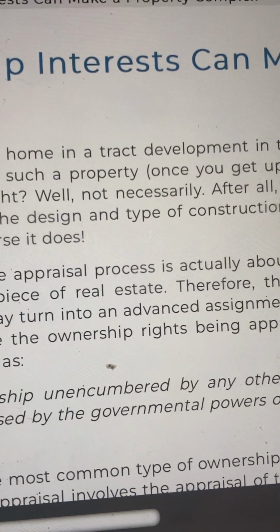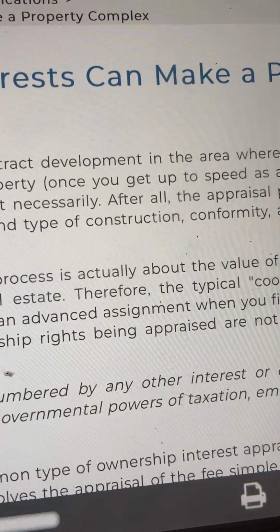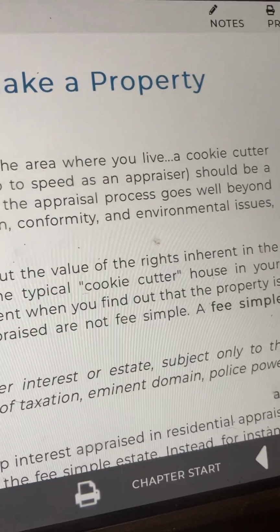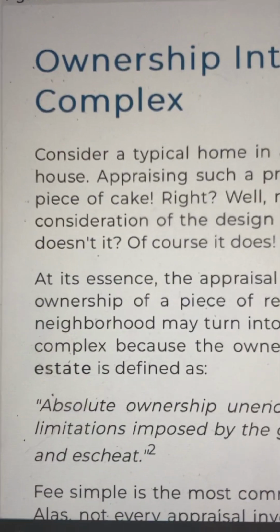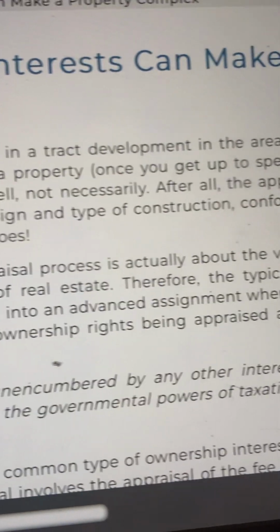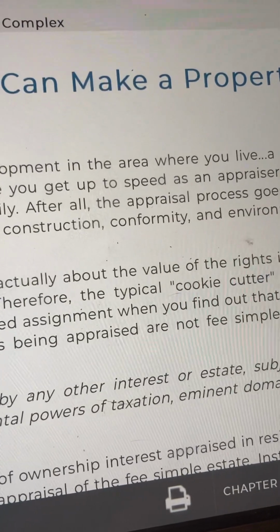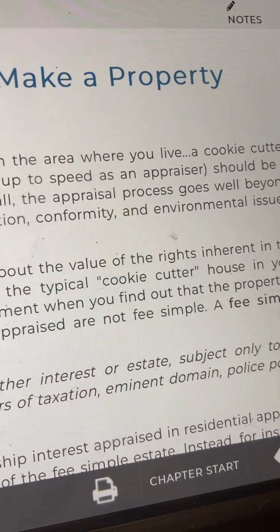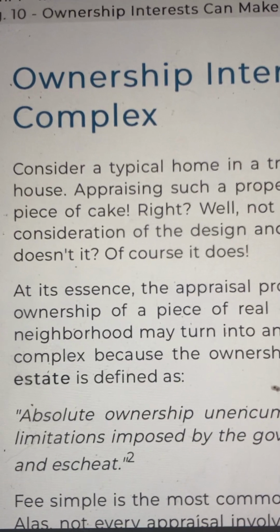Well, not necessarily. After all, the appraisal process goes well beyond consideration of the design and type of construction, conformity, and environmental issues, doesn't it?